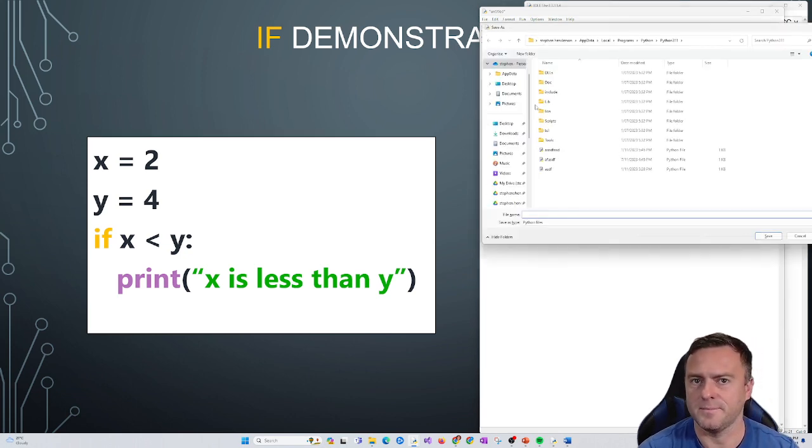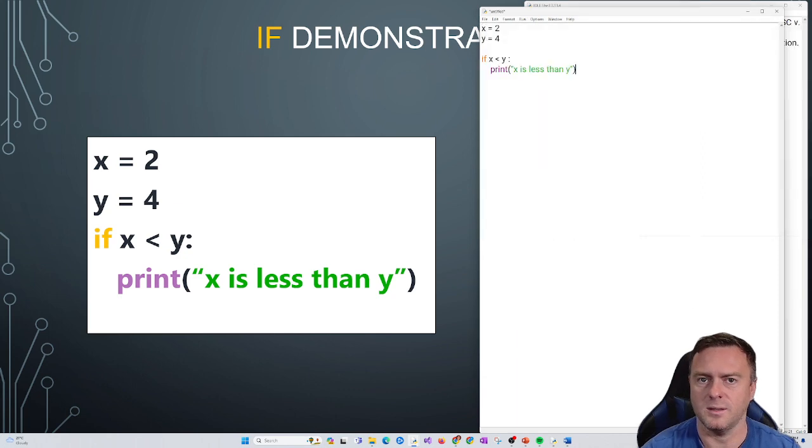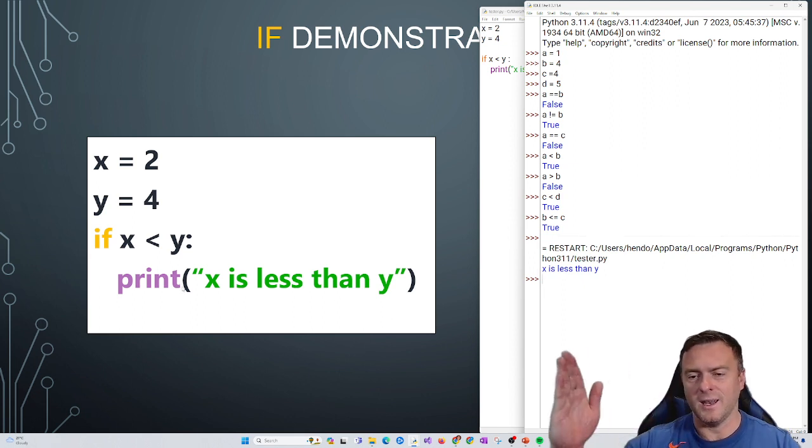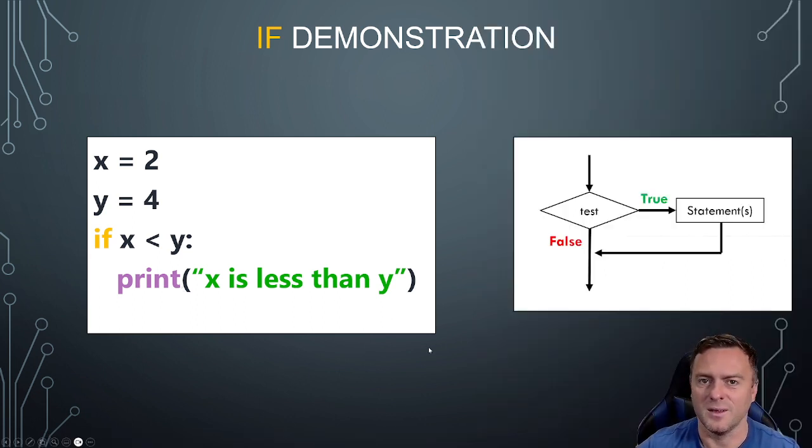Save that, and let's run it. Because this is true, so 2 is less than 4, this will evaluate to be true, then that bit of code there is executed, which is indented underneath it.